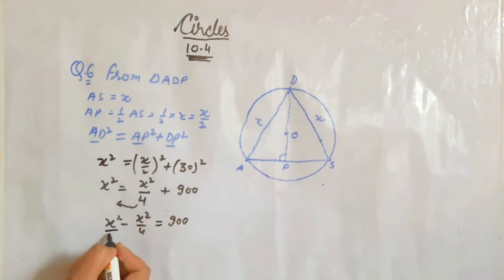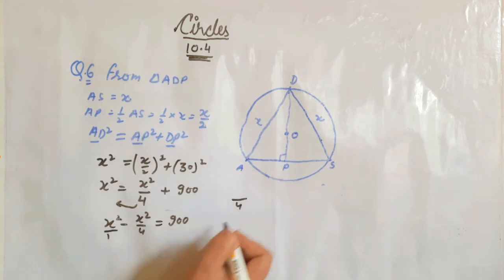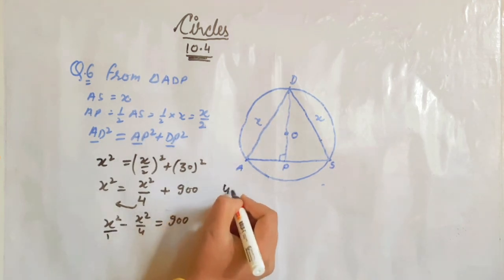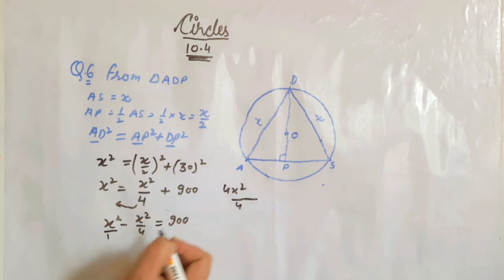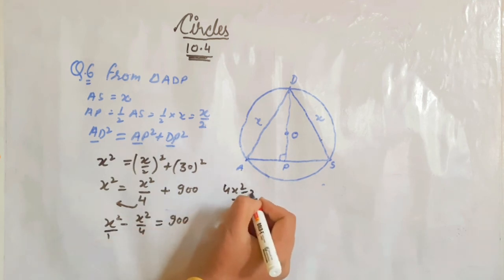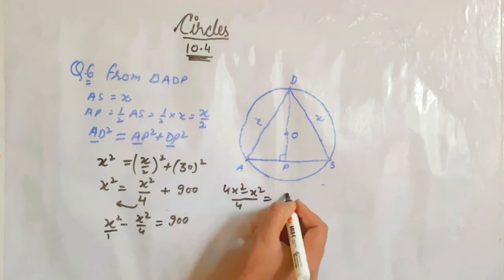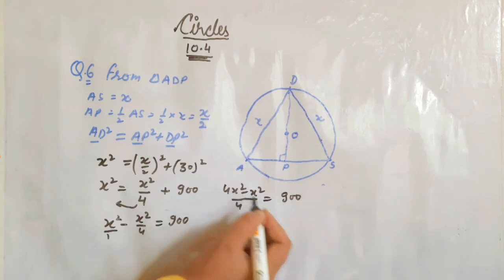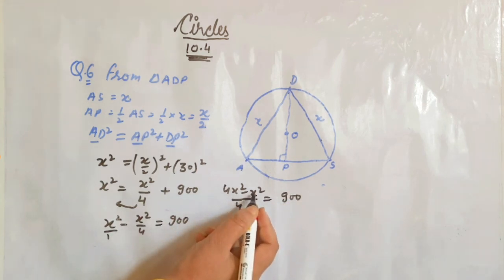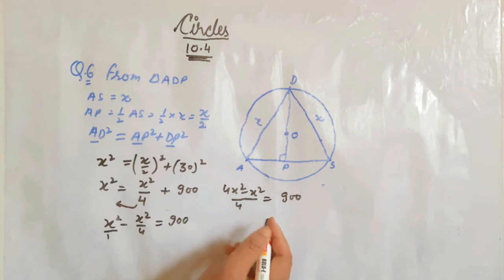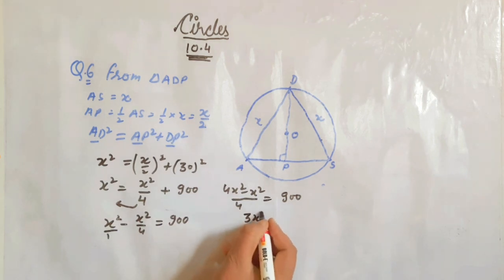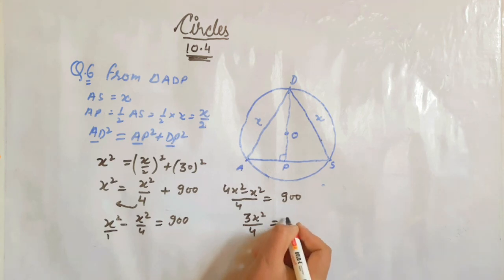Take LCM, the LCM will be 4. 4 into X square, 4X square, minus 1 into X square, so 4 minus 1 will be 3X square upon 4 equal to 900.